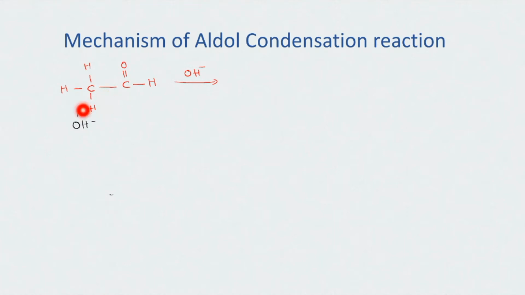If the nucleophile abstracts this proton, one molecule of water will be eliminated and a negative charge will be present on this carbon atom. So write the product: you will get CH2 with a negative charge on it, and C double bond OH. This becomes a strong nucleophile, which will go and attack another molecule of acetaldehyde.